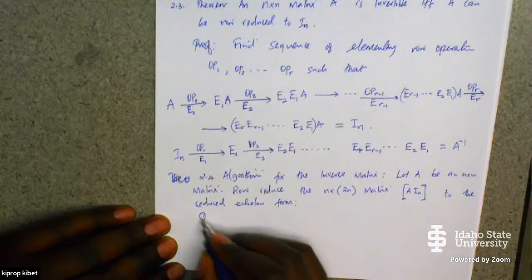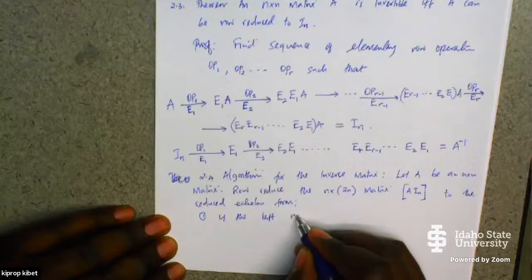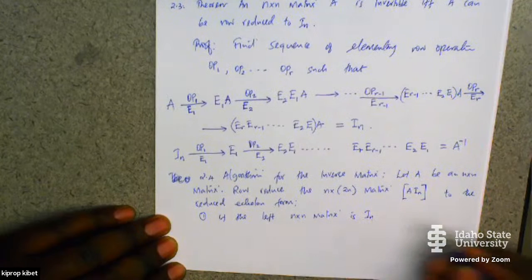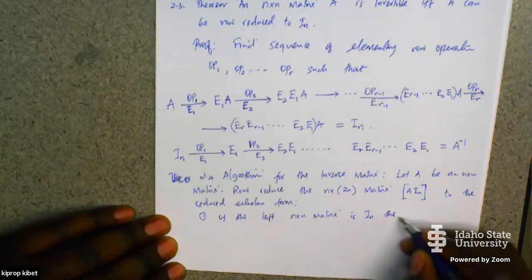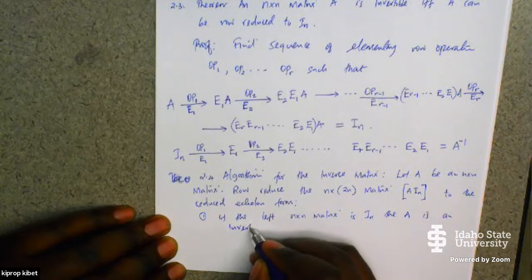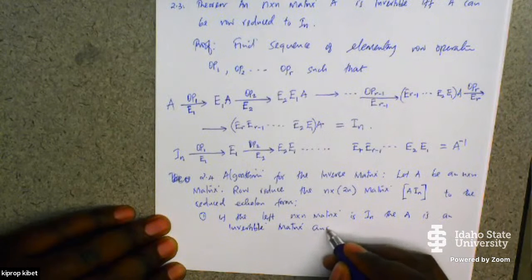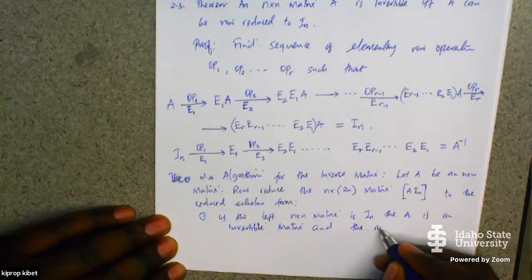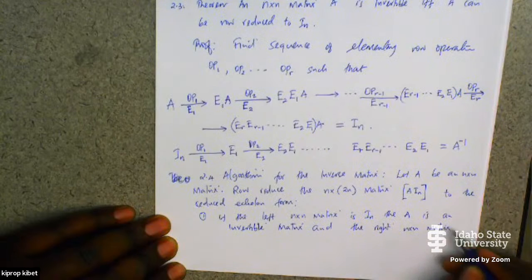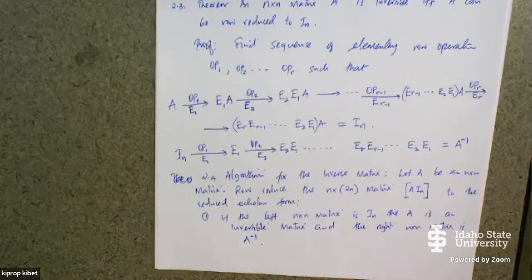Number 1: if the left n by n matrix is the identity matrix In, then A is an invertible matrix, and the right n by n matrix is A inverse.